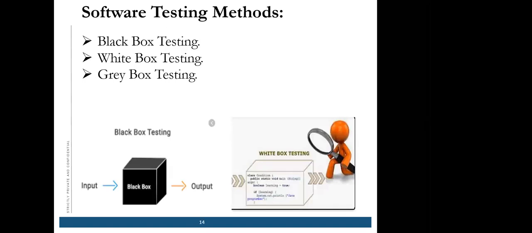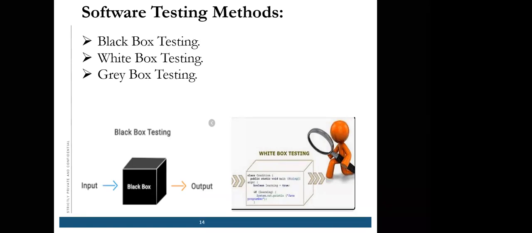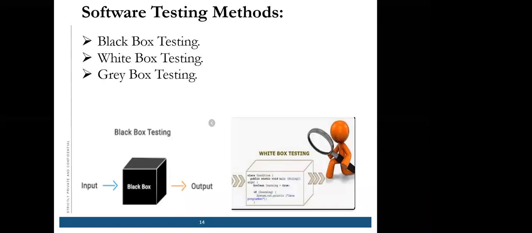Now comes the software testing methods. There are mainly three methods of software testing, which are black box testing, white box testing, and gray box testing. Okay, so these are the three methods of testing.